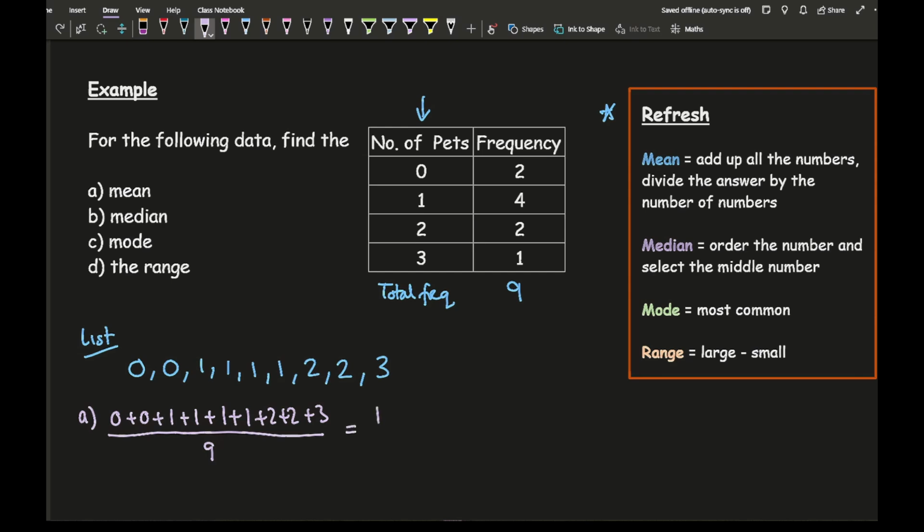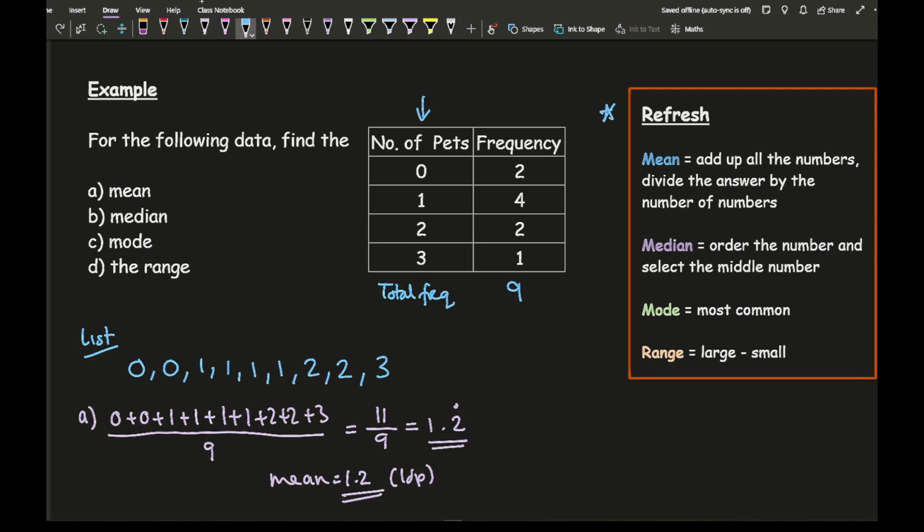So it's going to be 11 over 9, and either I can work that out using my calculator or I can work it out by using the bus stop method. I'm going to go for the quick option of using the calculator, and I get an answer of 1.2 recurring. So that there is my mean, and that's to 1 decimal place if I've rounded.